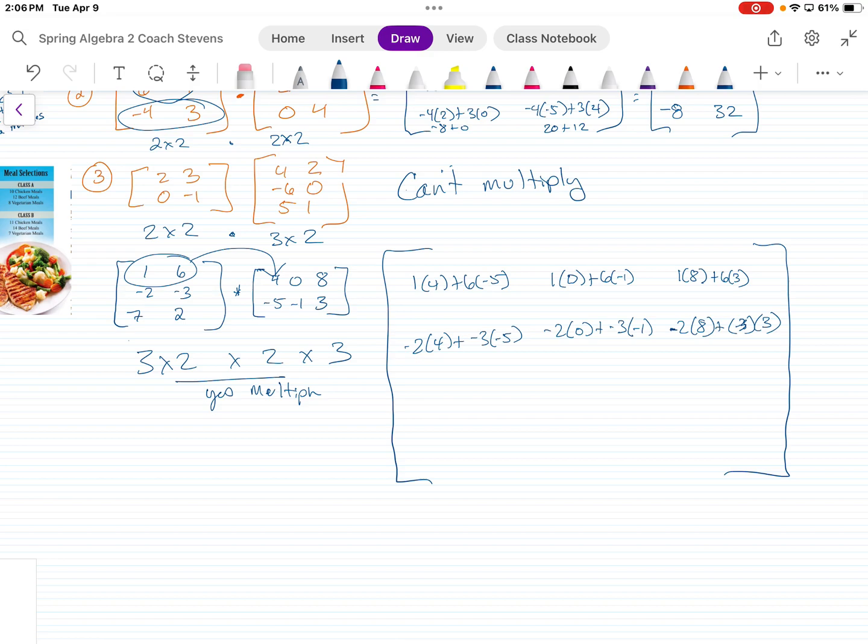And then the last row would be 7 times 4 plus 2 times negative 5. 7 times 0 plus 2 times negative 1, and then 7 times 8 plus 2 times 3.